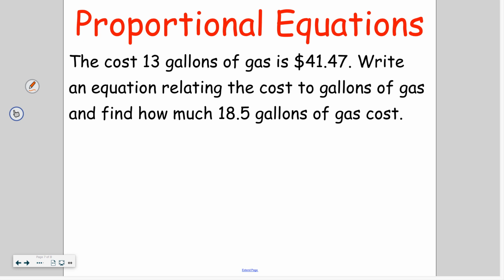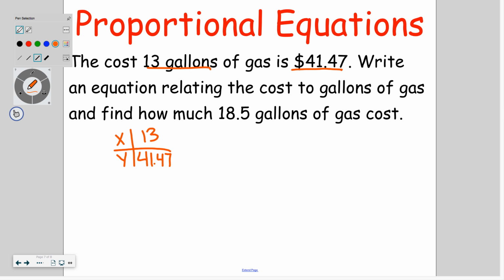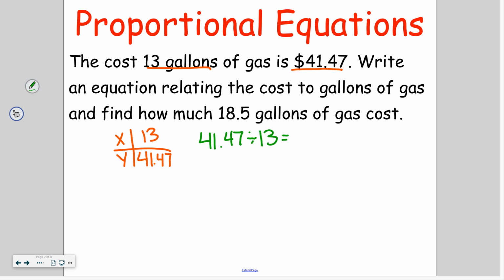So what you should have done is, again, make your nice little X, Y table. It's talking about gallons and money. As I said on the last slide, money is always a Y value, which means your 13 gallons is your X value. So then in order to find our K, we're going to set it up so that we have our Y divided by our x, giving me an answer of $3.19.